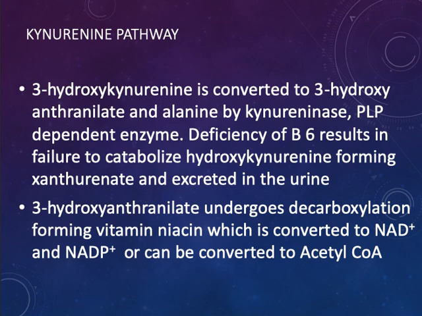This requires PLP as a coenzyme. So any deficiency of vitamin B6 will result in failure of catabolism of hydroxykynurenine. It forms xanthurenate and gets excreted in the urine. Now 3-hydroxyanthranilate undergoes decarboxylation to form niacin, and this converts to NAD and NADP.